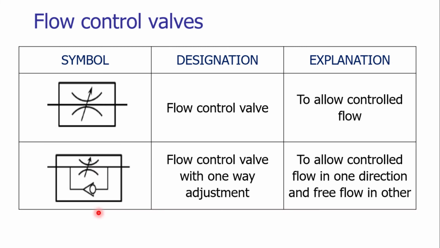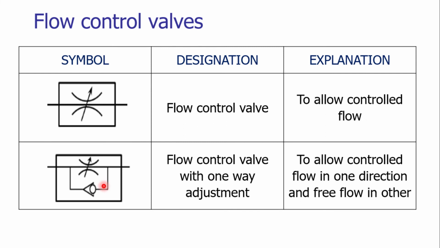The flow control valve can be represented by using a rectangle, and there are 2 curves. These 2 curves are represented in this way, and it has an arrow. The arrow is representing the variable flow of the fluid through the flow control valve.